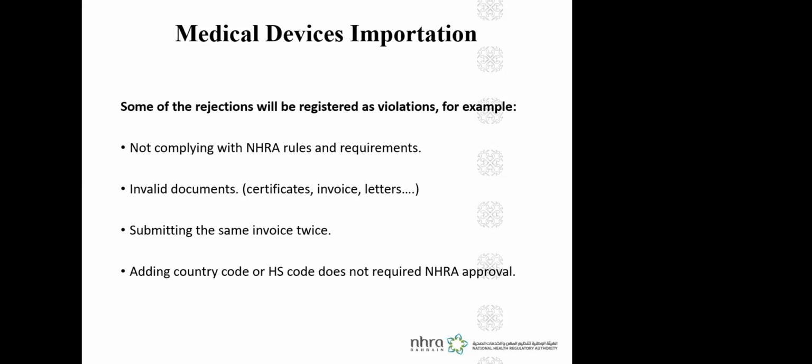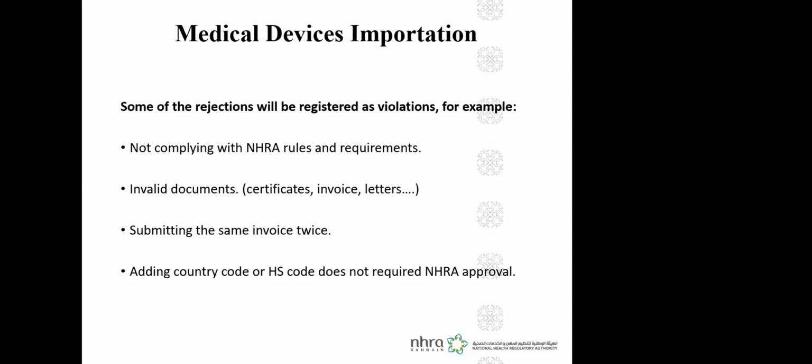In these cases, we will reject the request again with the comment, "Please refer to last rejection, and please comply with NHRA rules and requirements." All these requests will register as a violation. If the importer submits an invalid document, for example, certificates, the request will also register as a violation.